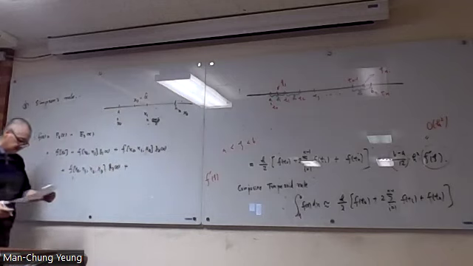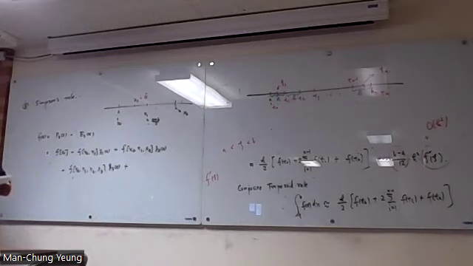Plus error. What is the error? Error term. Interpolation polynomial. What is the error?